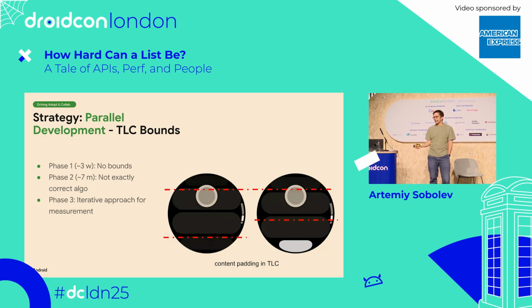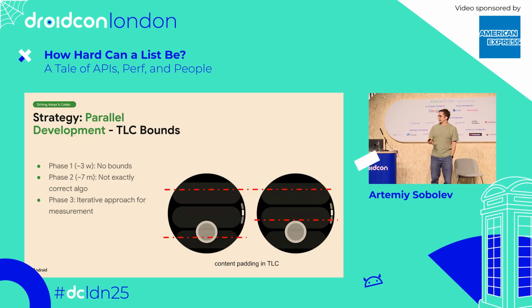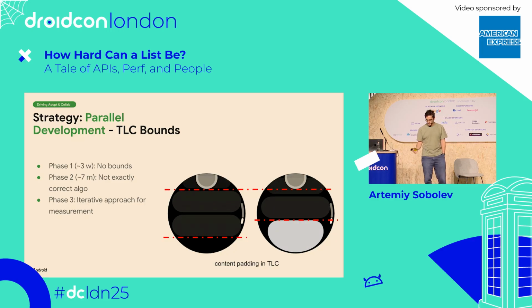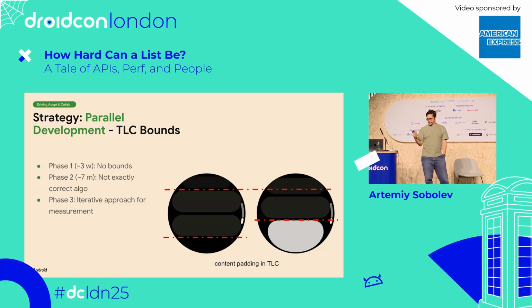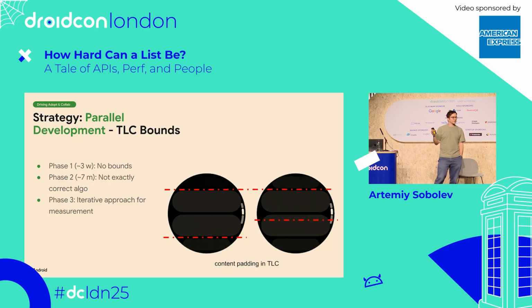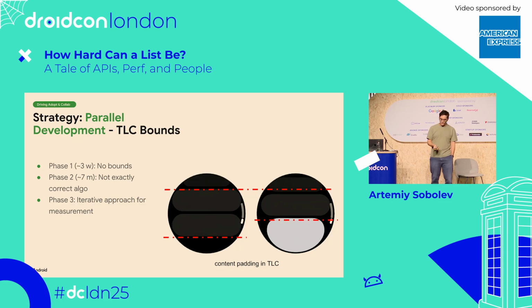Then for the phase 2, the algorithm was not exactly correct thing, but for 7 months or so, it allowed our customers to use the components and build and do the screenshot tests, etc. And then just the final thing, we did an iterative approach where we did a little bit of gradient descent algorithm to figure out where the bounce and where the overscroll should stop and scroll backwards, and we were doing it all in the measurement phase.